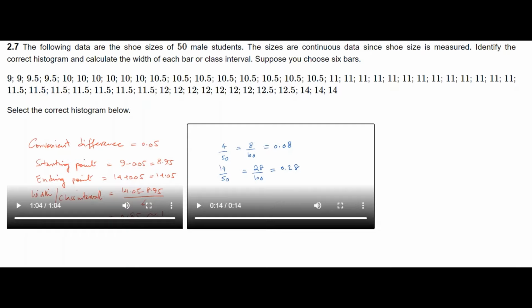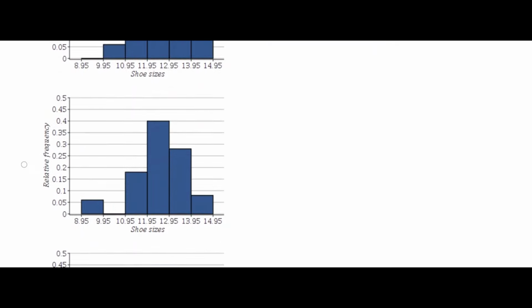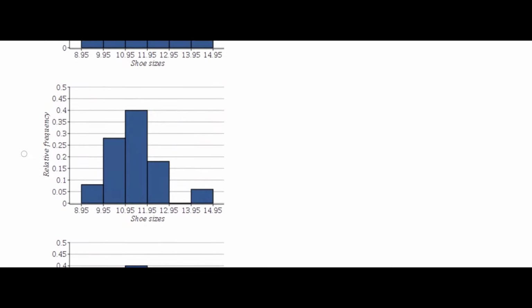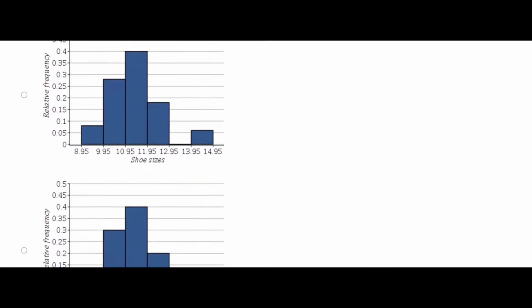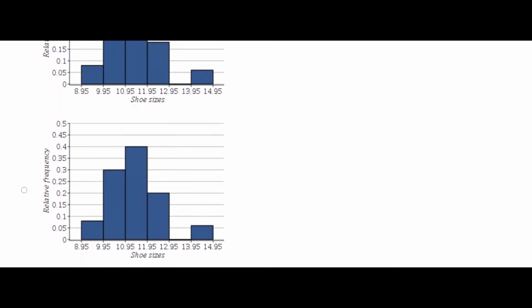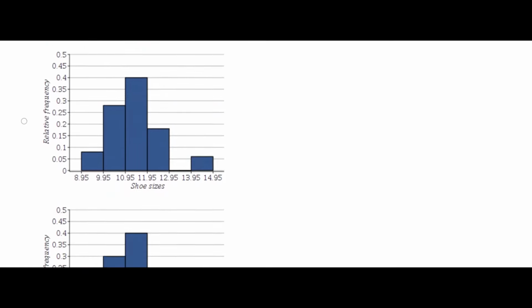So the height of this interval should be 0.18, not exactly 0.2, which clearly tells us that the fourth option is the right option, because this is not exactly 0.2, it is below 0.2, while the fifth option has the height of the fourth interval exactly as 0.2. So we exclude the fifth option and the fourth option is the right option, and now we see if we have made the right decision. Wow, we have made the right decision.